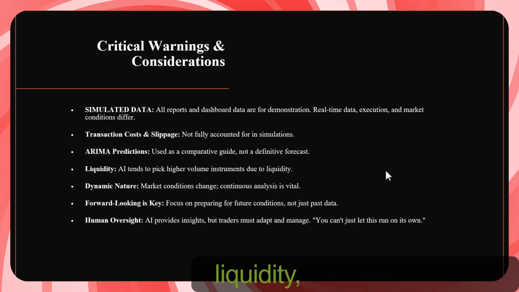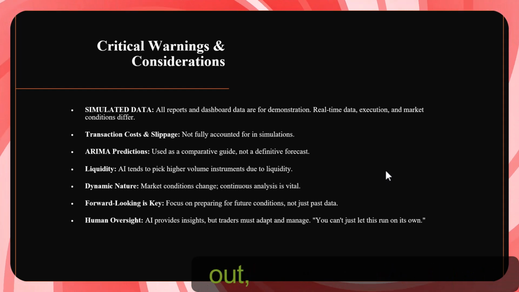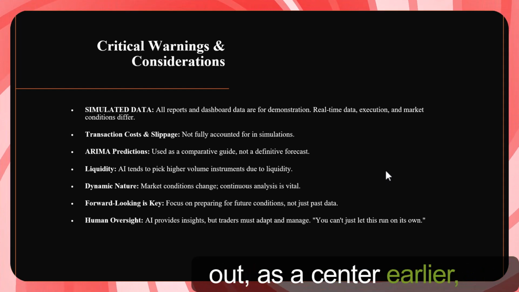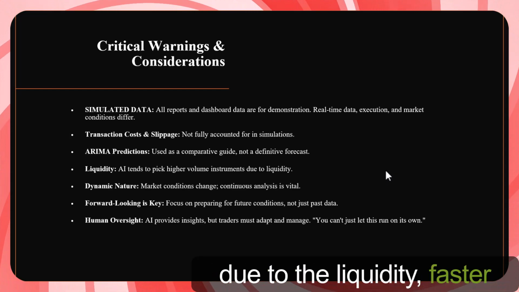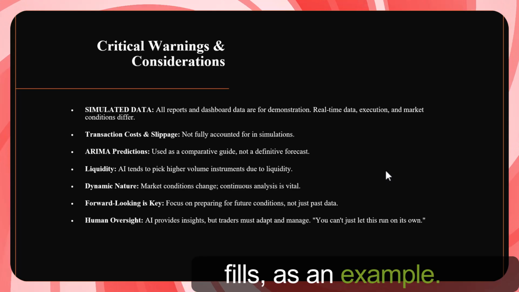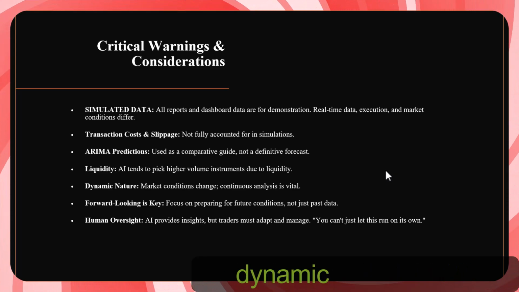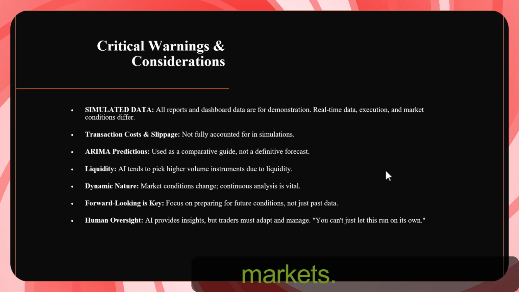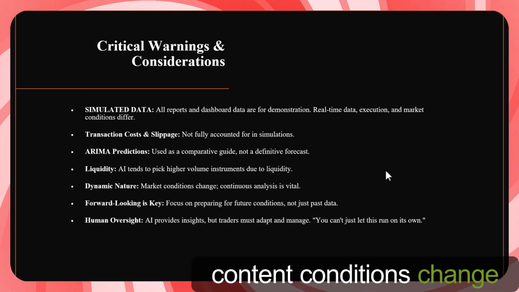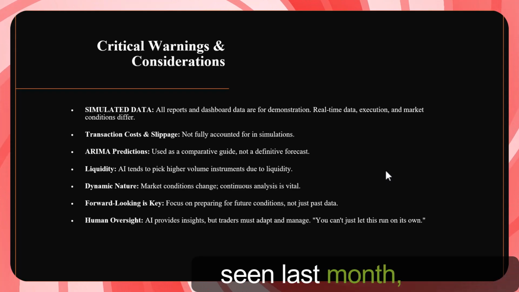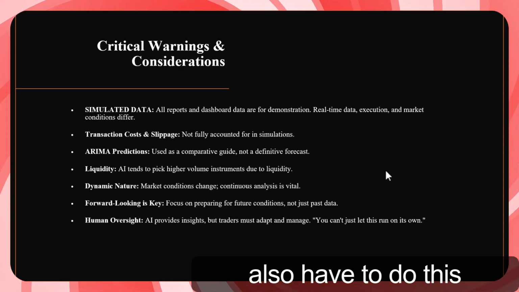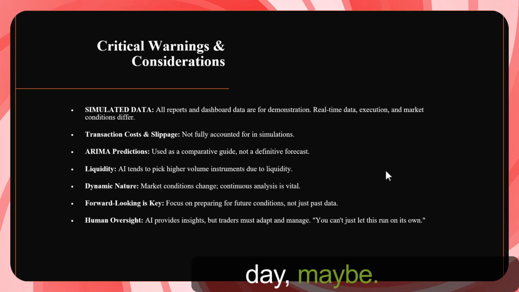Again, we measure liquidity, so the AI will pick out, as I said earlier, the higher volume instruments due to the liquidity, faster fills, as an example. We also have to factor in the dynamic nature of the markets. The market conditions change drastically, as we've seen last month, and we also have to do this probably every week, every day, maybe.